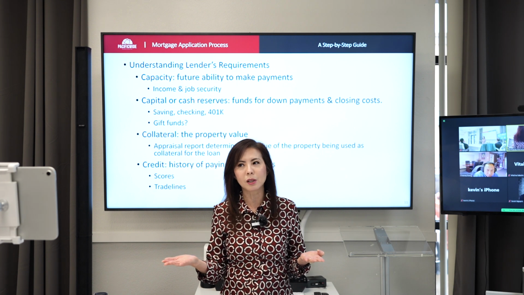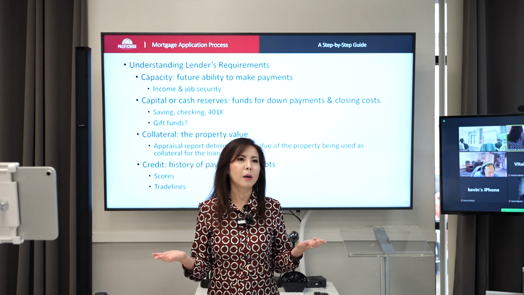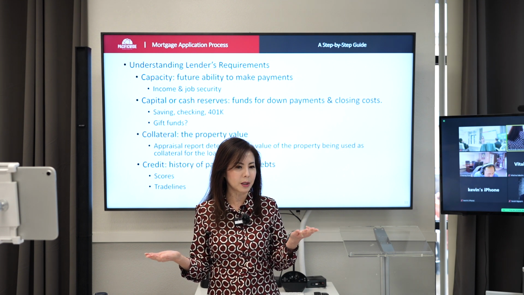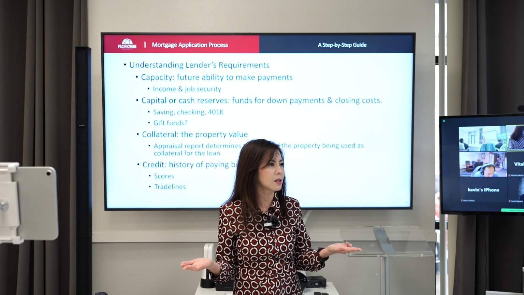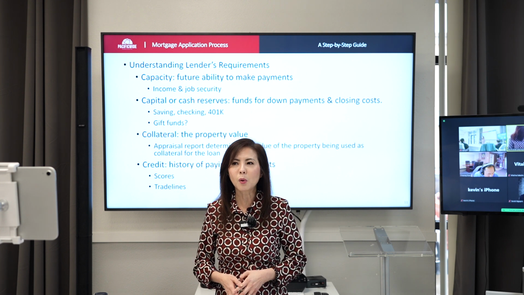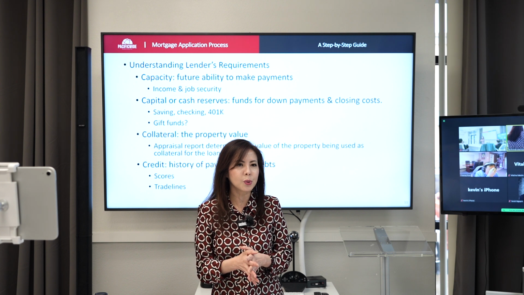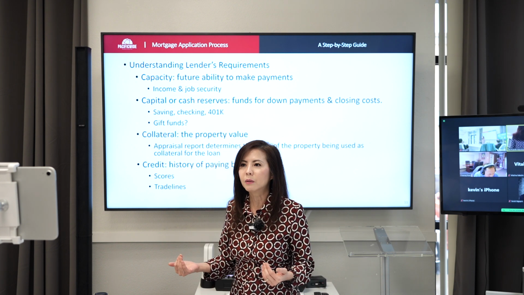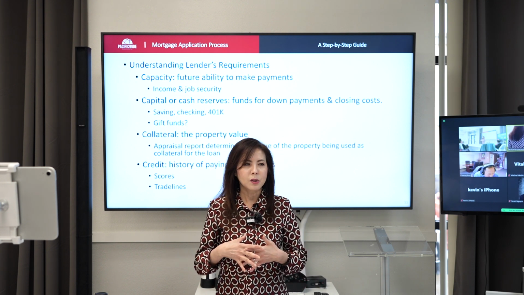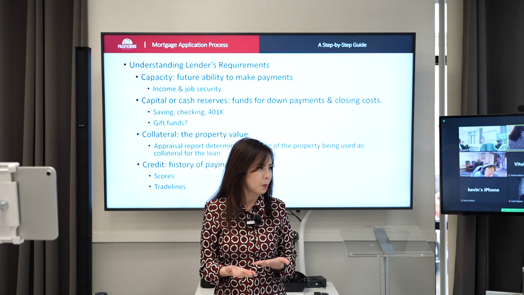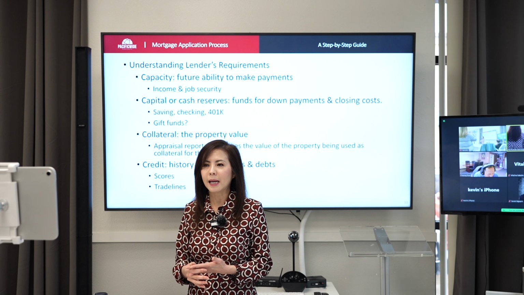So if you make 10,000 a month, and your monthly mortgage plus property tax, insurance, and HOA is less than 5,000, then you qualify, right? Of course, there are more factors included in the debt-to-income ratio. But right now, I'm just telling you that income is really crucial for you to get the loan.